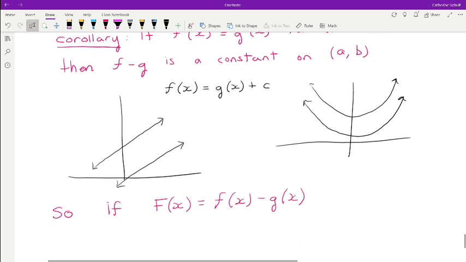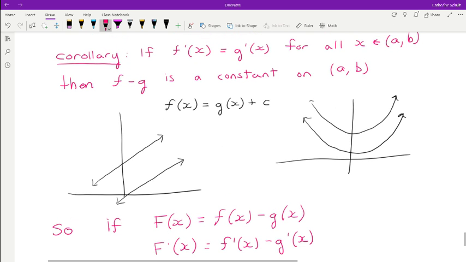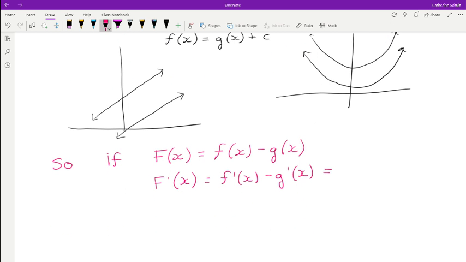How we're going to do that is we're going to take the derivative of F. So we can take the derivative of the parts. And we're assuming the derivatives are the same, right? So same minus same is 0, like 5 minus 5. So this whole thing is equal to 0.